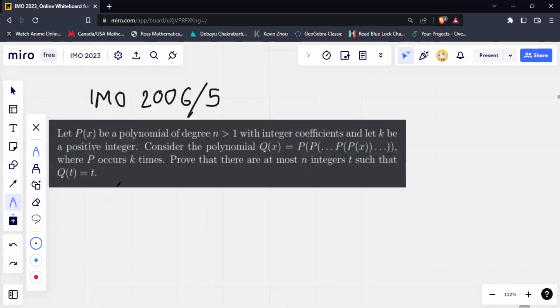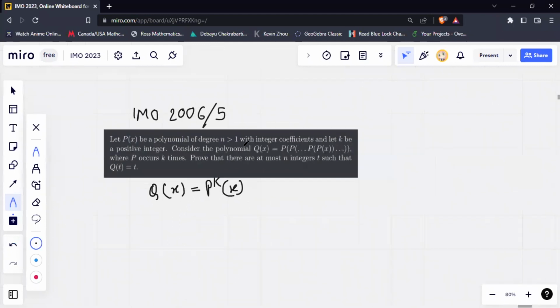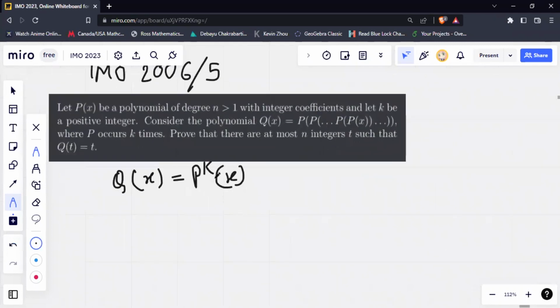So we will use this notation. This just means that P has been applied k times to x. Is the problem statement clear to everyone?